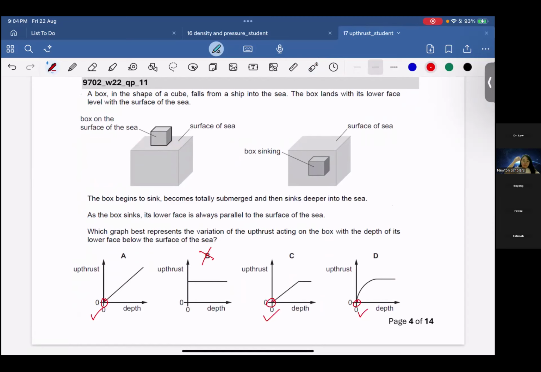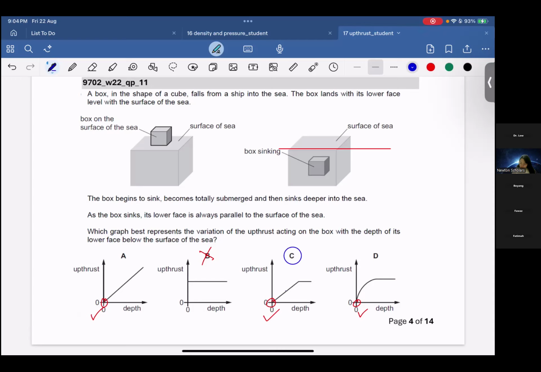Then when we immerse it, it should start to increase until you fully immerse. Then the upthrust force is already maximum. So even if you go further, it will maintain at the maximum upthrust force. So for this graph, the correct answer should be C.